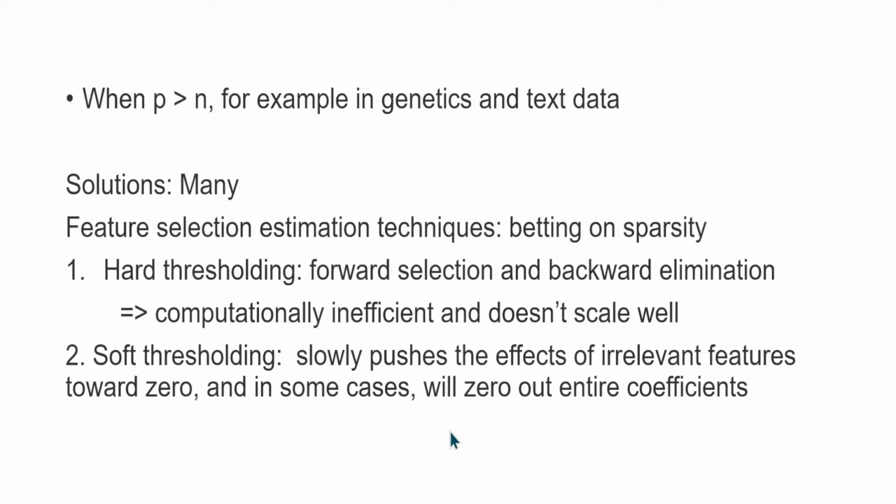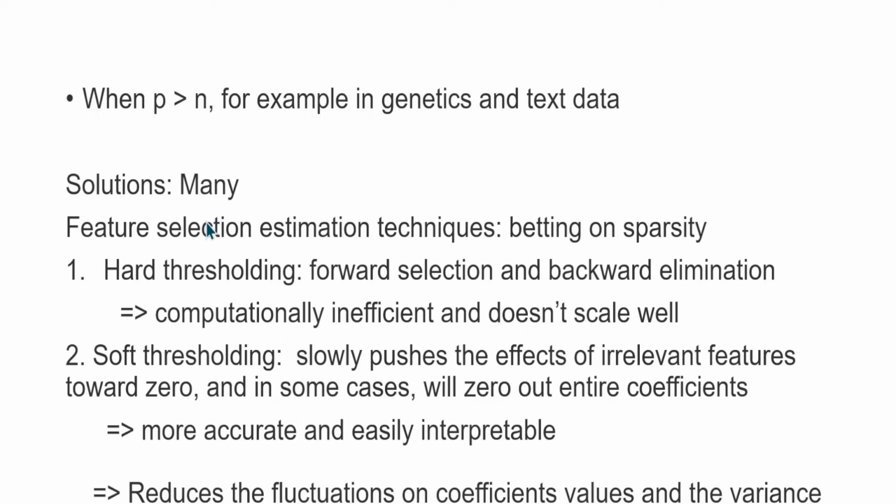The second one is in LASSO, but the first one is in ridge regression. So the irrelevant coefficients are pushed toward zero, but not all the way to zero in ridge regression. But in LASSO regression, they will be zeroed out, and all the irrelevant features will be removed. We'll come back to these points in the details of ridge and LASSO regression.